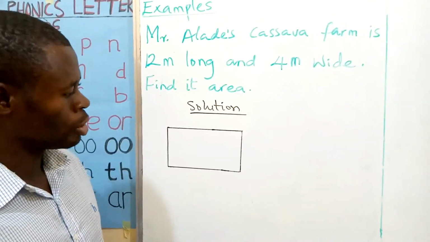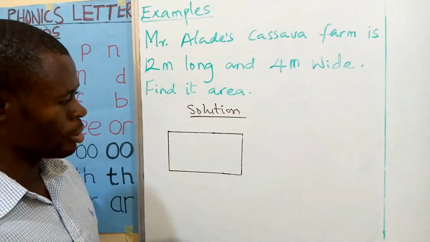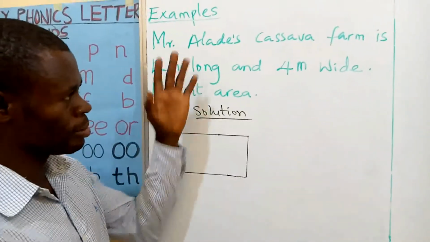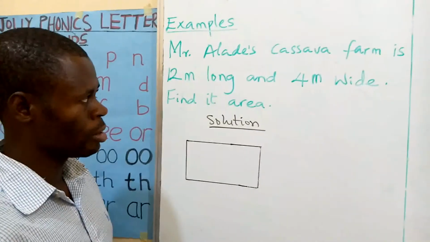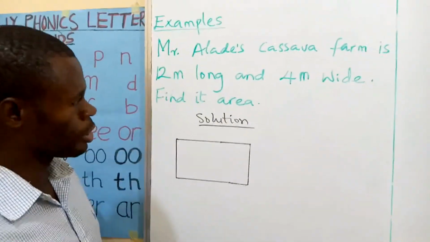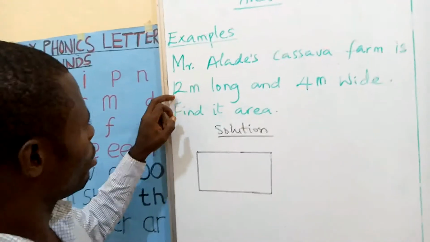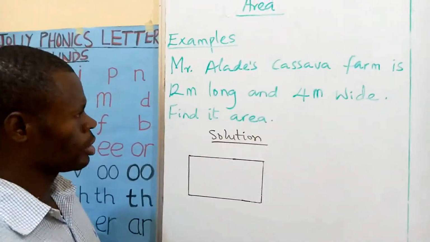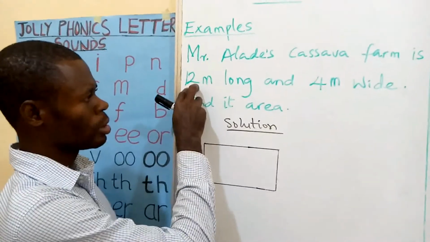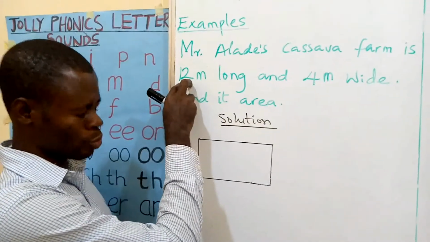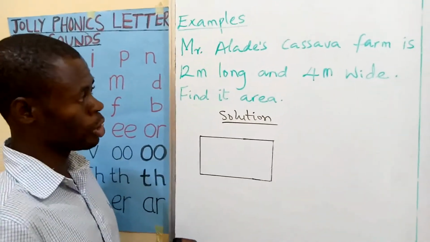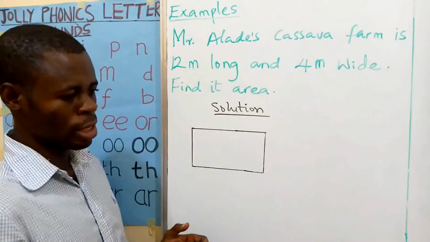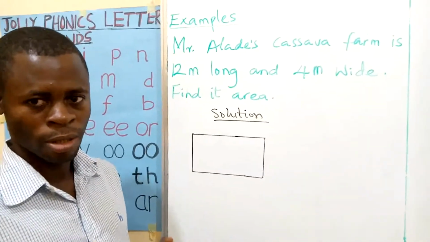So having drawn the rectangle here representing Mr. Alade's farmland, the next thing is to write down the lengths of the sides. From the question we have the length given to be 12, sorry, not centimeters, 12 meters. The length is always the longest side in the rectangle, isn't it?